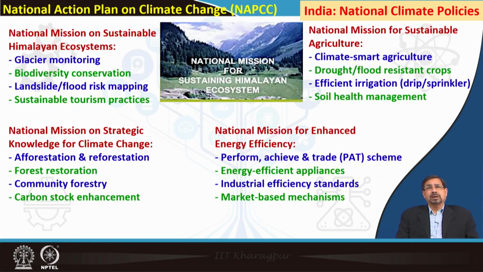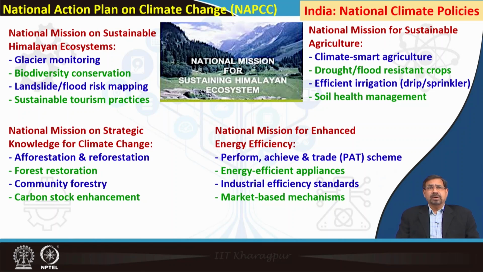So, monitoring of these glaciers is an important mission under the NMSHE. And also the biodiversity to be conserved in the Himalayan ecosystem, because it offers a lot of microclimate. We have a lot of endangered, threatened and rare fauna. So, these all we put under the IUCN categories.